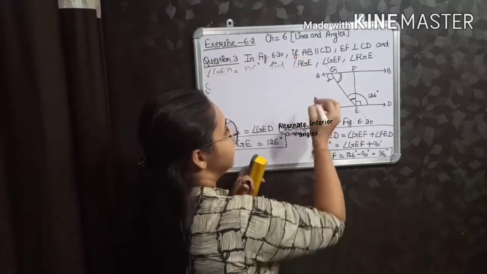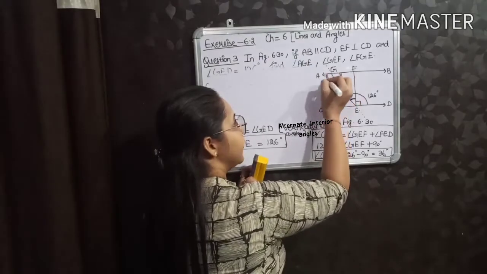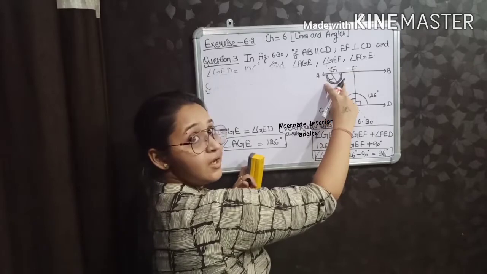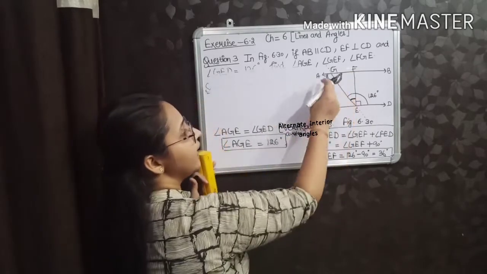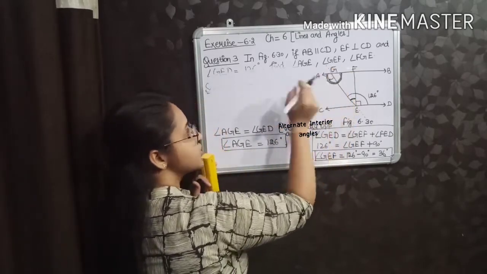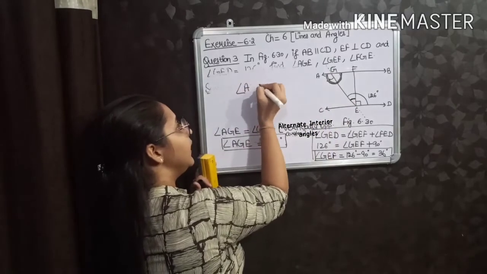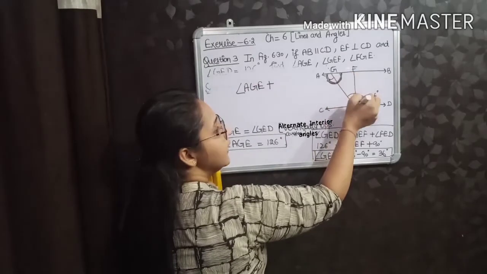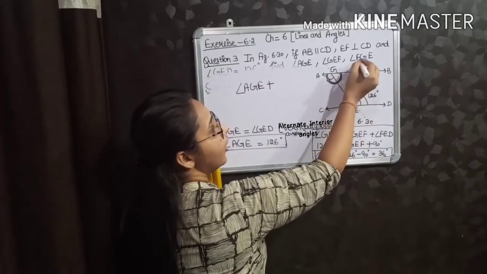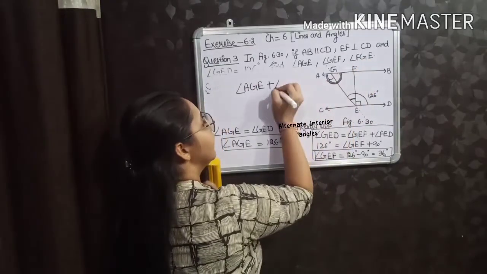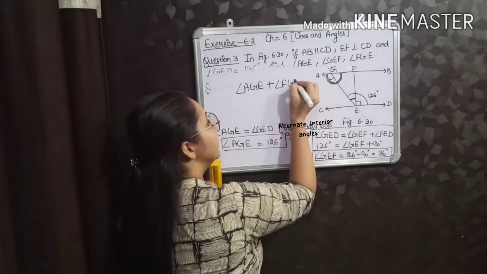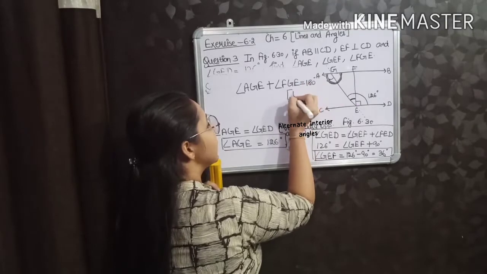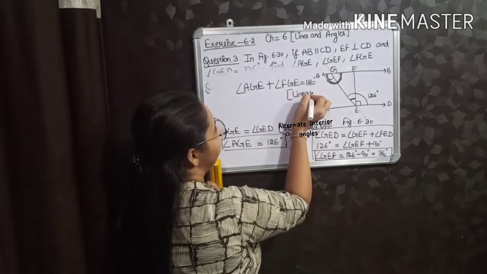Now see, you can find this angle as, this complete angle is making a linear pair. These two angles are making a linear pair. So you can write angle AGE plus angle FGE is equal to 180 degree. Why? Because linear pair.